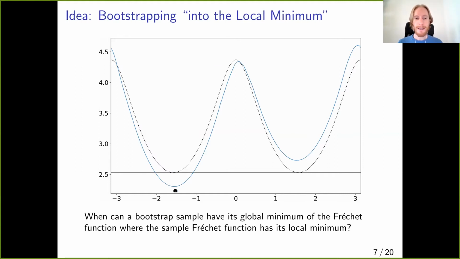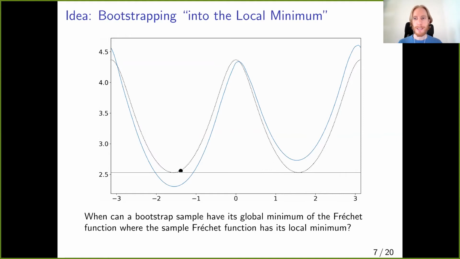And then you get a lot of bootstrap sample estimators. And the idea is, let's say we take the sample that gives rise to this blue Frechet function. Some of the bootstrap samples might give rise to a mean that is near plus pi half, right?